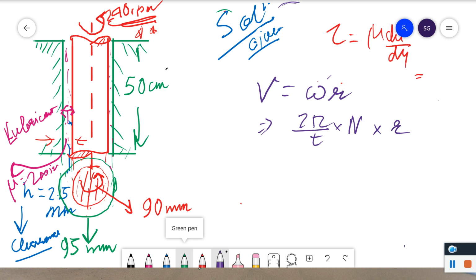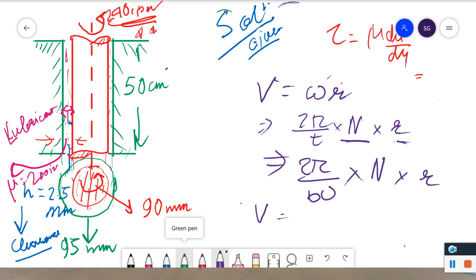I have written 2 pi upon t because it denotes the time taken to cover the angular displacement, and n is the number of rotations, into r. And here, since it is in rpm, that is in minutes, it will be easy: 2 pi upon 60 into n into r. So V will be 2 pi n upon 60 into r.